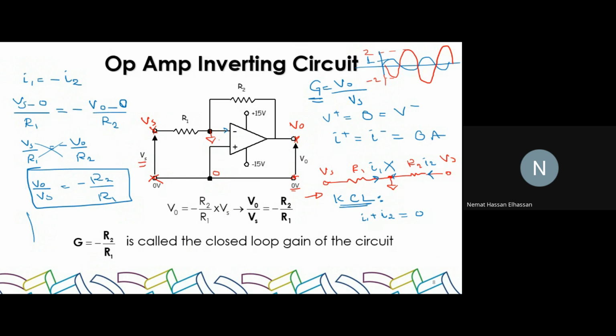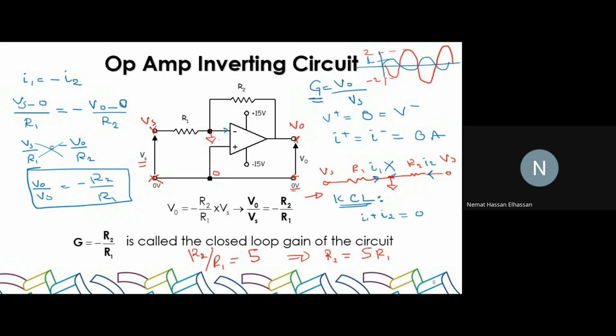So if you want the gain to be 5, you'll just say that the ratio R2 over R1 is equal to 5, which means R2 has to be equal to 5 times R1, right? You can choose 1 and 5, you can choose 5 and 25, you can choose 100 and 500, any two values for the resistance that will give you a ratio of 5 can be used to design a circuit with a gain of 5. Clear?